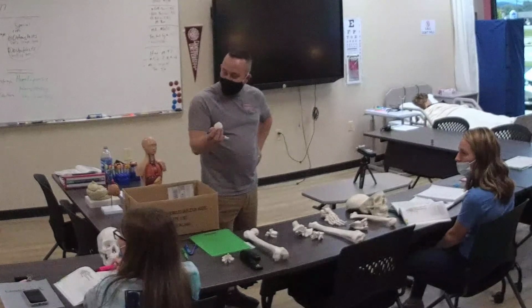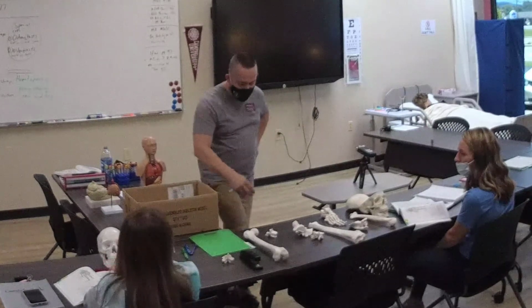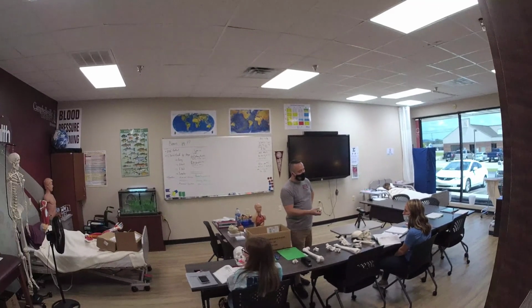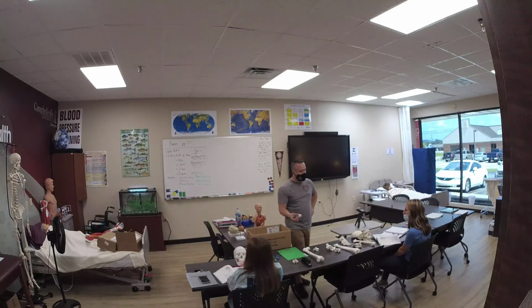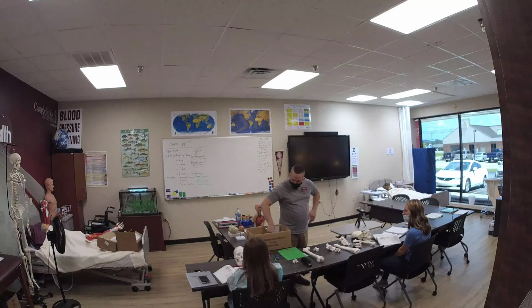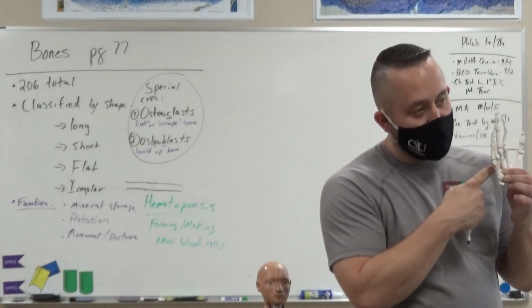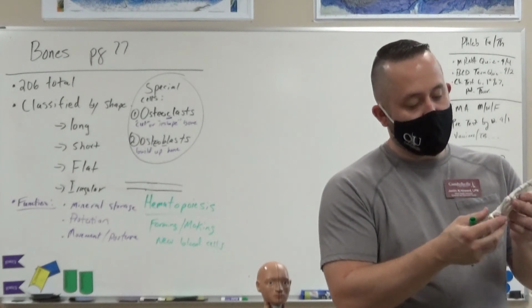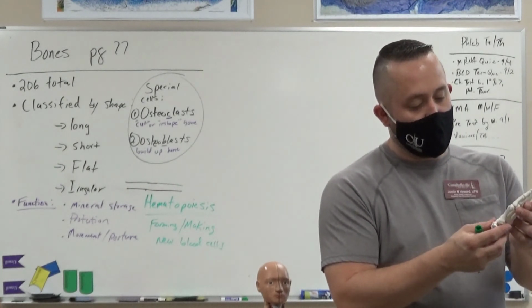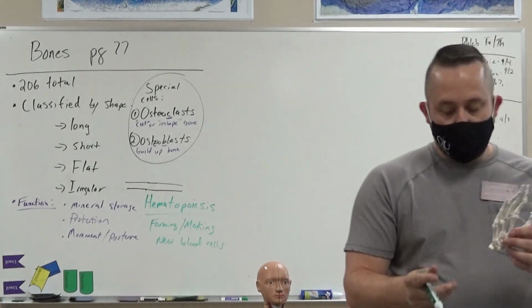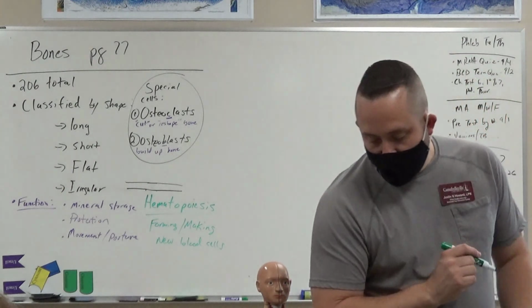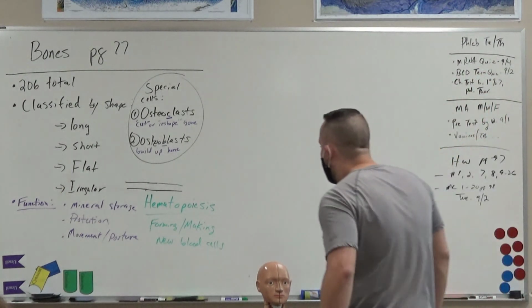It's your kneecap, sesamoid. It looks like a seed, like a sesame seed in Chinese food. It's sesamoid shaped. Okay. Do you think this is a short or a long bone? Short. We could probably call these rhombus or cuboid or whatever. Okay. That's about it for bones.